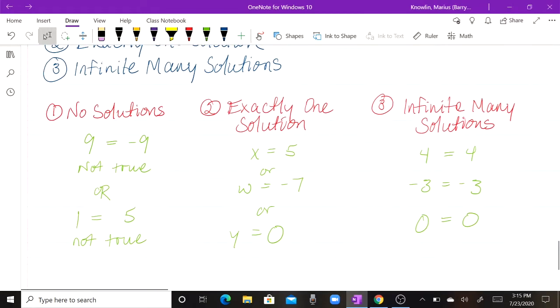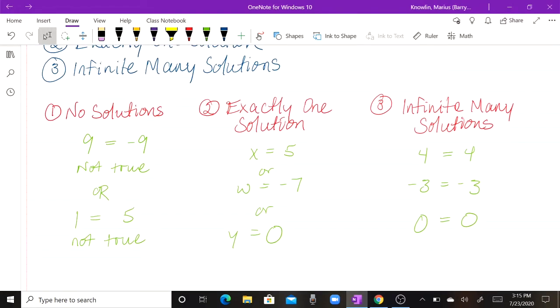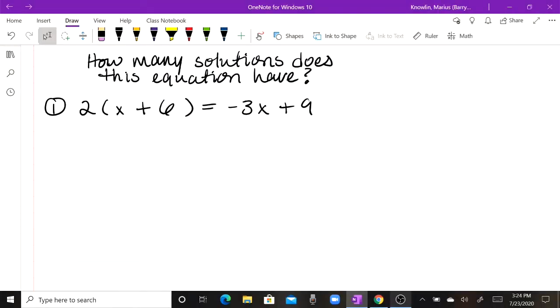Okay, so we're going to take a look at a few problems and solve them to see the number of solutions to those problems. Number one: how many solutions does this equation have? We have 2 times the group of x plus 6 equals -3x plus 9. First, we always want to rewrite our equation, and then we can begin to solve it.